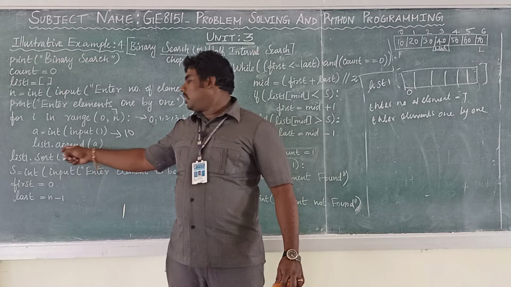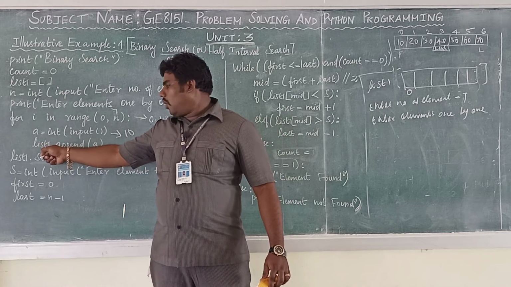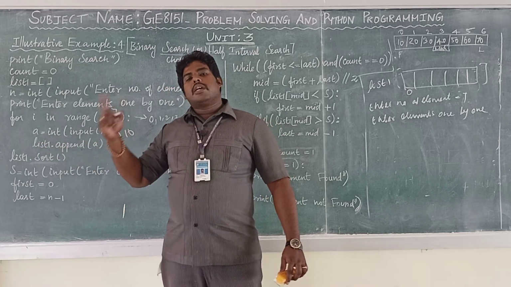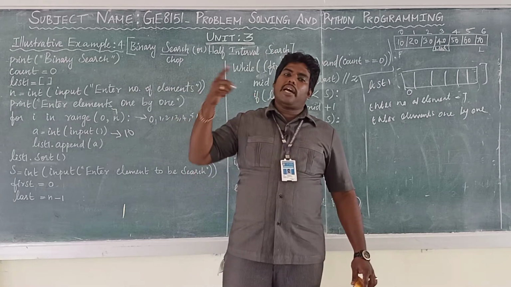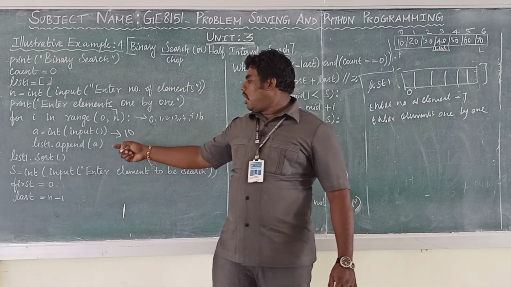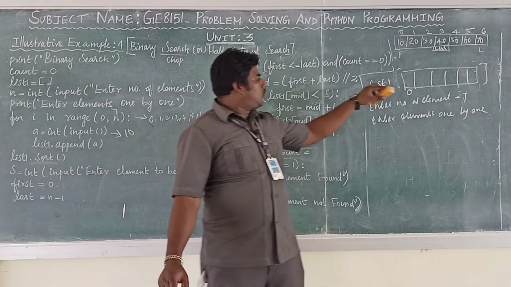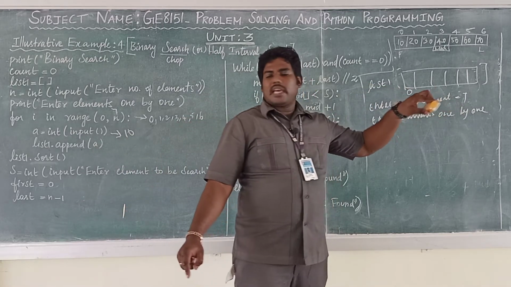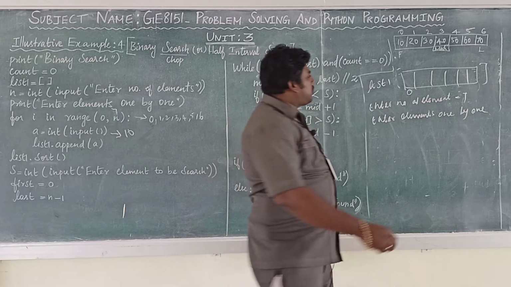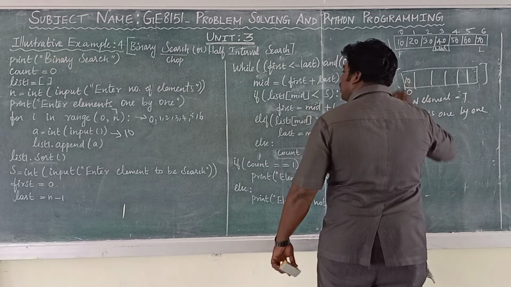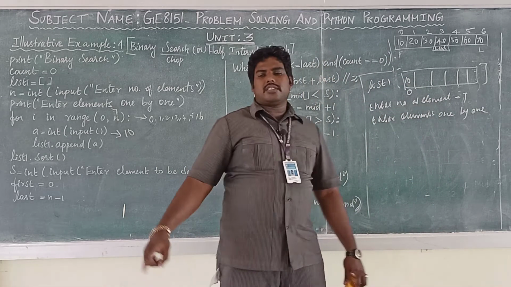Where I want to add it? In list 1. So list 1 dot append of a. Append means add the element at the end of the list. What's the value of a here? 10. So in list 1, add the element 10. Which position? 0th position. Why? Your index value, i value, is 0.